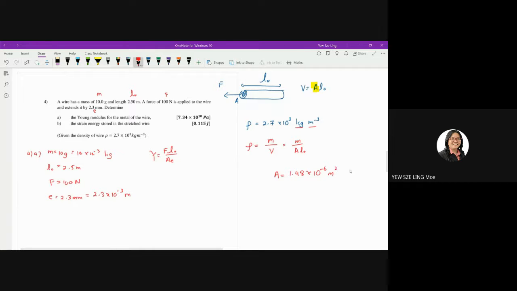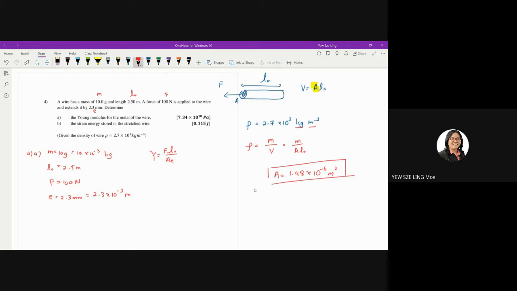First of all, you need to know the shape. When it comes to a wire, usually we treat it as a cylindrical shape. For a cylinder, the volume equals the cross-sectional area times the length. You are given the length 2.5 meters, the mass, and the density. Therefore, you will be able to obtain the area.